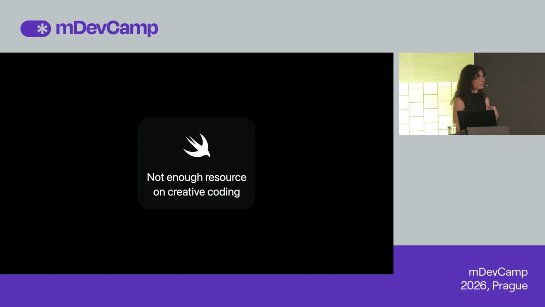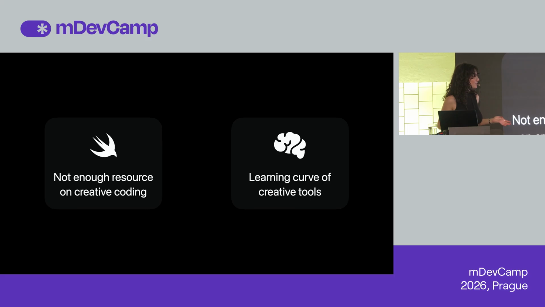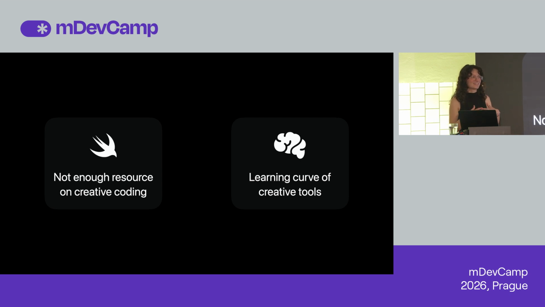So I asked myself, okay, there is not enough resource on creative coding, even though it's very approachable. It's still emerging, yes, we know. And there's another fact, that the learning curve of creative tools is there. This is something I always carry from my architectural education: whenever you want to create something, you're learning a new tool, and those creative tools are sometimes difficult.